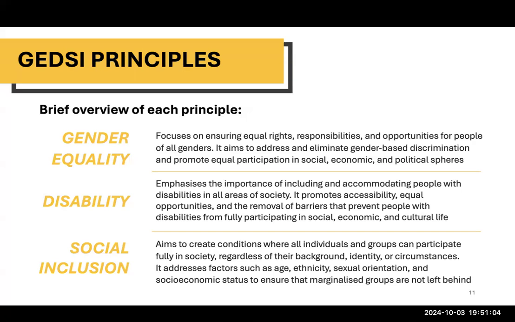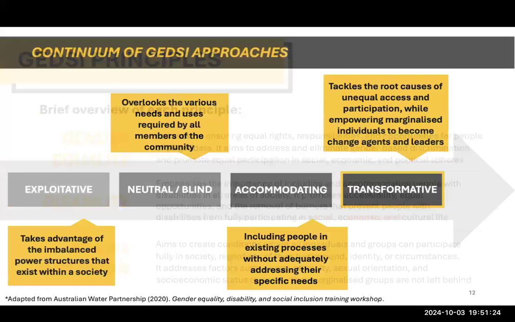It promotes accessibility, equal opportunities, and removes barriers that prevent people with disabilities from fully participating. Social inclusion is about creating conditions where all individuals and groups can participate fully, regardless of their background, identity, or circumstances. It's critical that we do not leave marginalized groups behind.